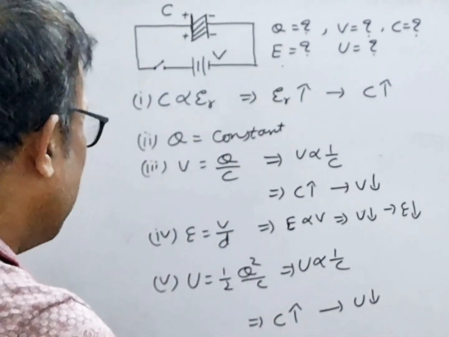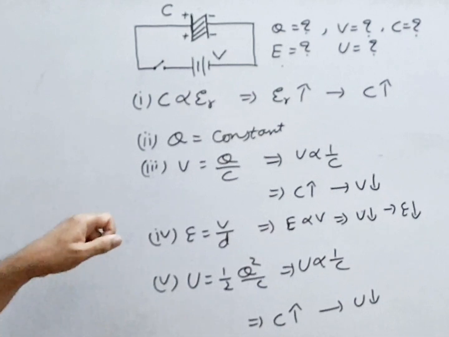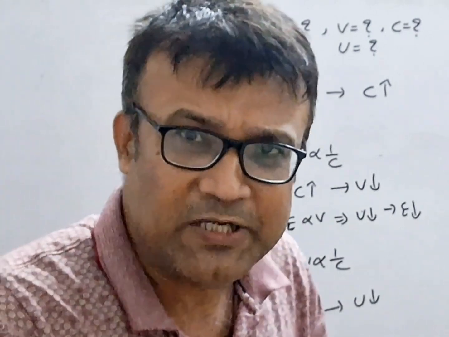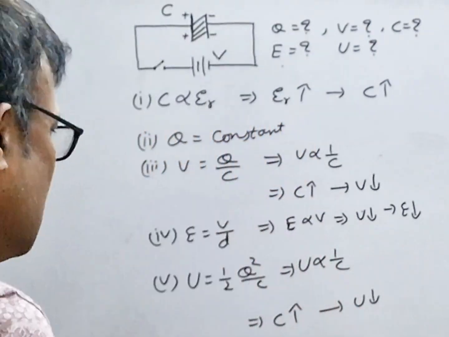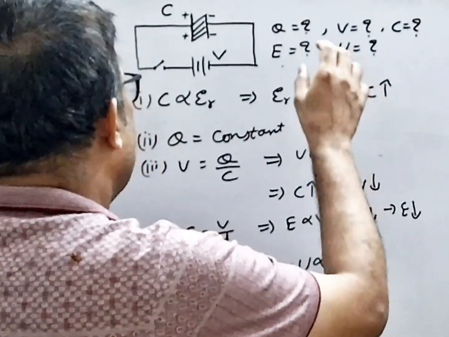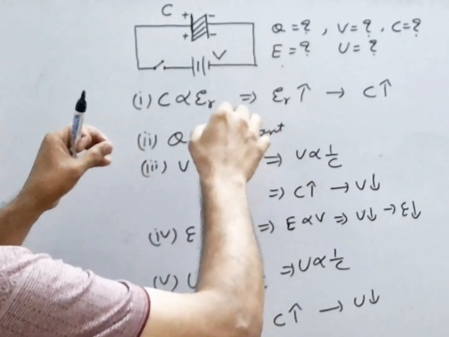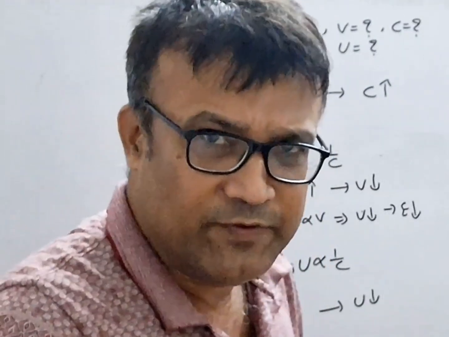Therefore, in this case, the energy stored between the plates of the capacitor will decrease on inserting the dielectric between the plates of the capacitor. So, in this way, you can answer logically all questions about what will be the effect on these quantities if we insert a dielectric between the plates of the capacitor.